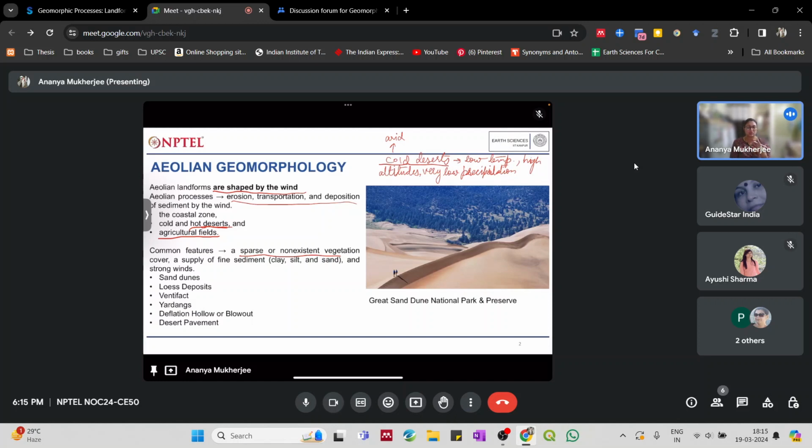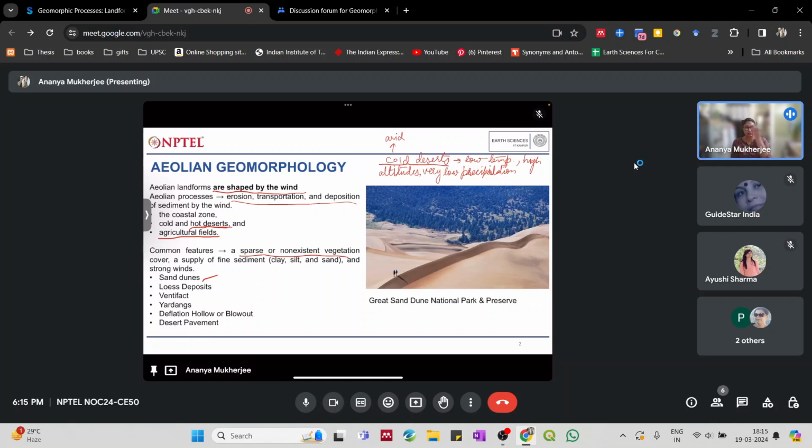And there needs to be an ample amount of fine sediment supply, mostly clay, silt and sand, as we will see further that these can be very easily carried by the wind as a kind of suspended load.